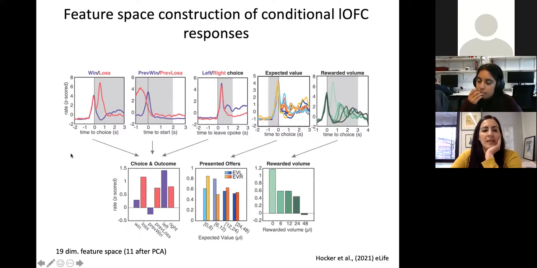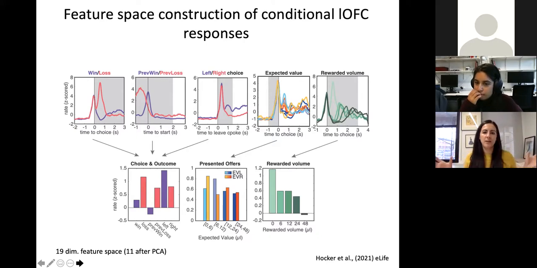It's basically a 19-element vector, where each element is the firing rate of the neuron on a particular trial type. Let's say the first element is the firing rate at the time of reward if the animal wins versus if the animal loses. Then you can also take into account reward history, etc.